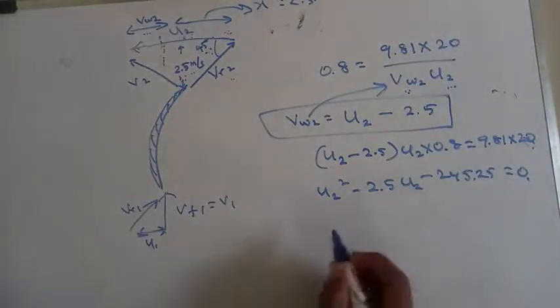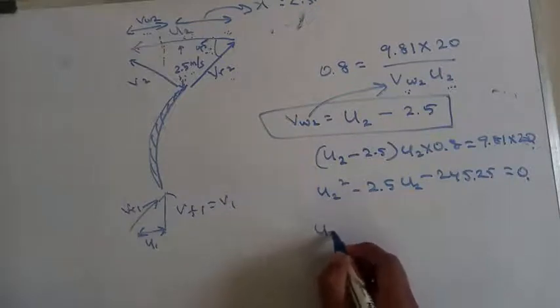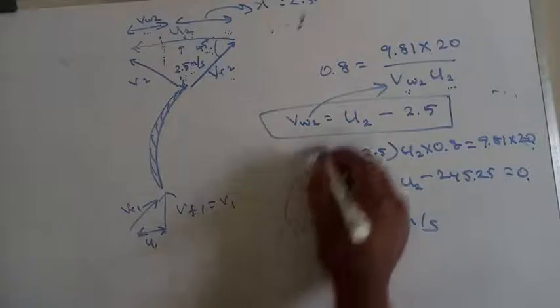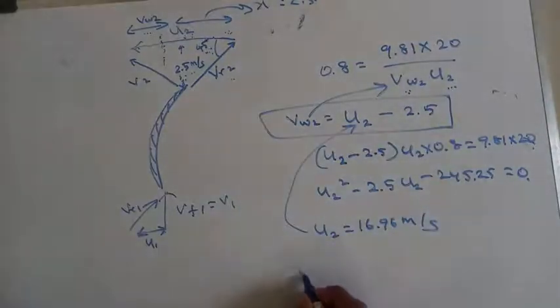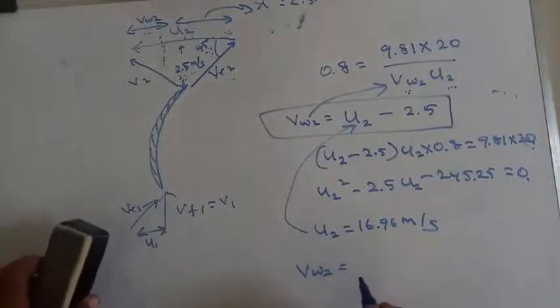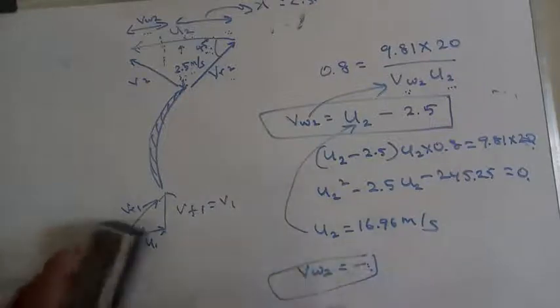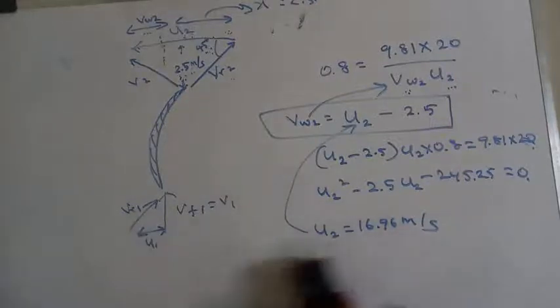Solving this quadratic equation, I get U2 equal to 16.96 meter per second. If I resubstitute this U2, I will get VW2 as some value. Now I get U2.